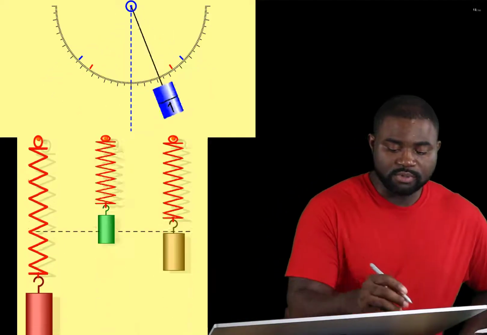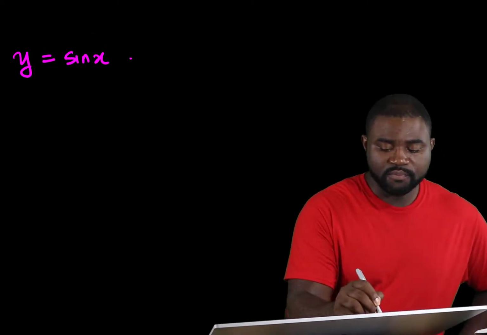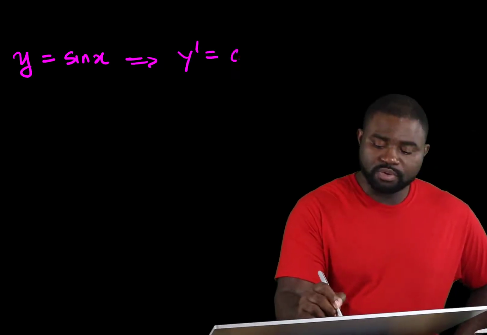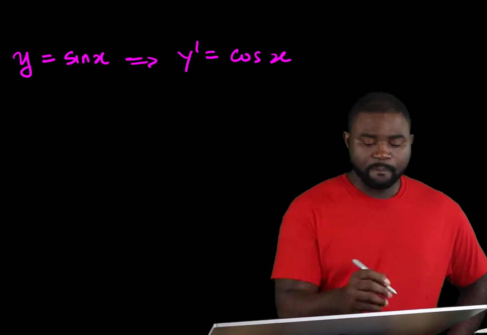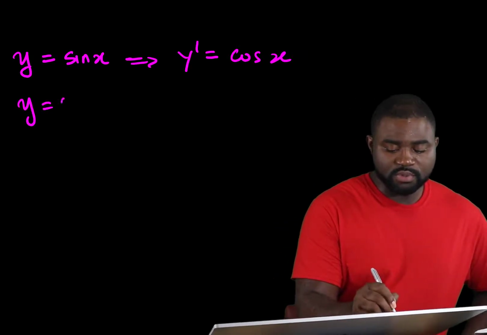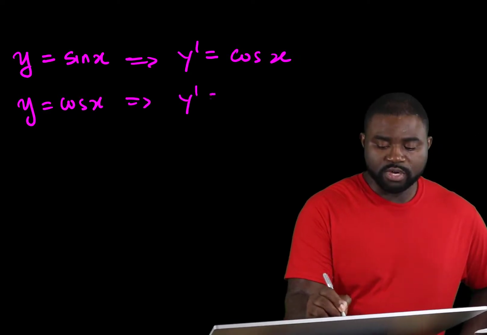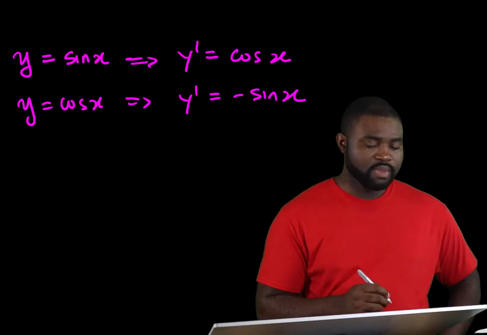For example, if y is equal to the sine of x, then y prime will simply be cosine of x. That's simple, right? If y is equal to cosine of x, then y prime will simply be negative the sine of x.